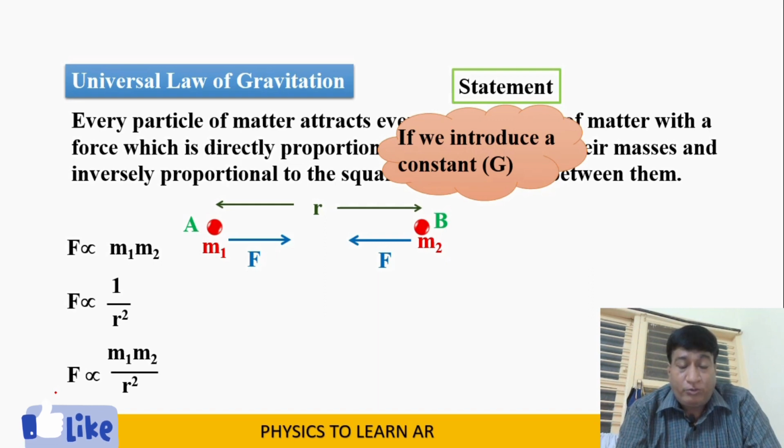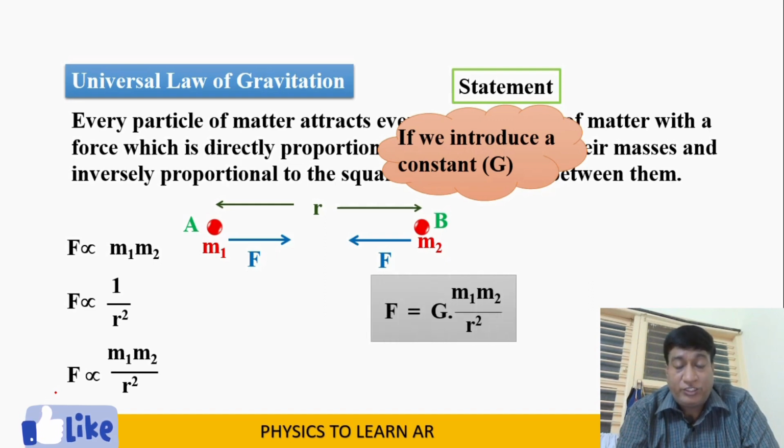To remove the proportionality, a constant was introduced, which is capital G. By using that, we get F equals capital G into m1 into m2 by r square. As discussed at the beginning, gravitational force is independent of the medium.